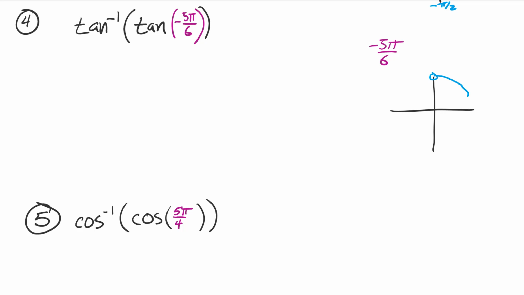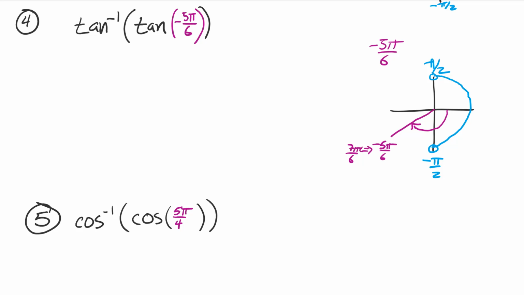We can only have values between negative pi over 2 and positive pi over 2, not inclusive of the endpoints. And negative 5 pi over 6 would be traveling this direction to here. It's also coterminal to 7 pi over 6 if you wanted to know that.